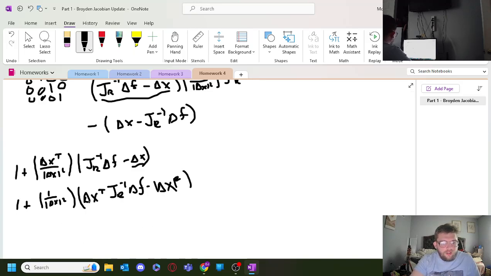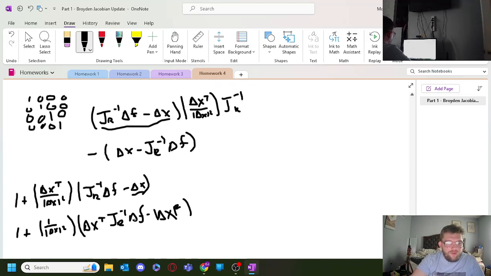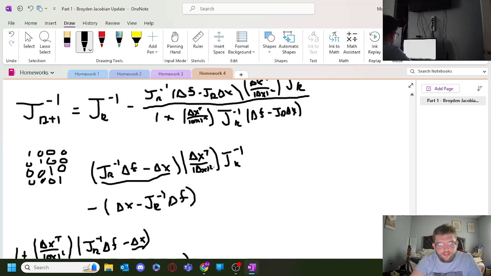So now, if we multiply this across, this cancels out to 1. And then we also got the 1 term there, so those cancel out. And the only thing left is that scalar here, dividing this. But if we take it up to the numerator, this cancels out.